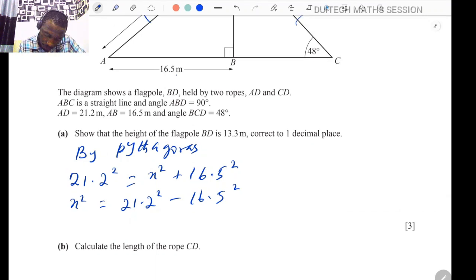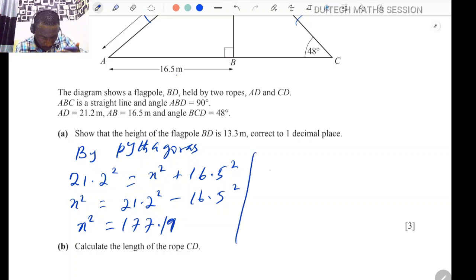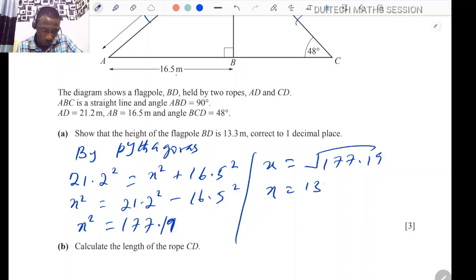So I have x squared equal to 177.919. We take the square root of both sides, so x is the square root of 177.19, which is 13.3, according to what we're given here.